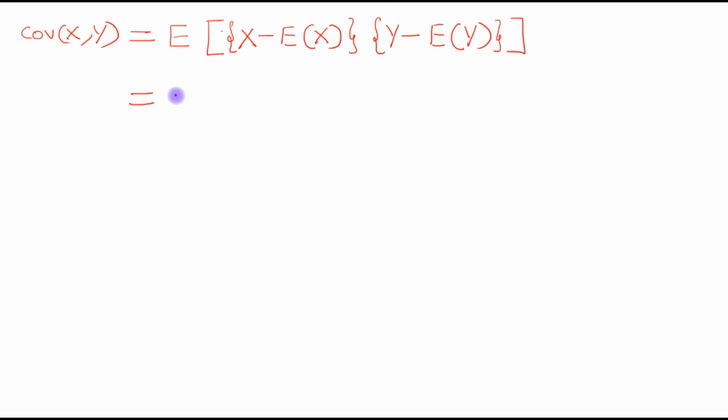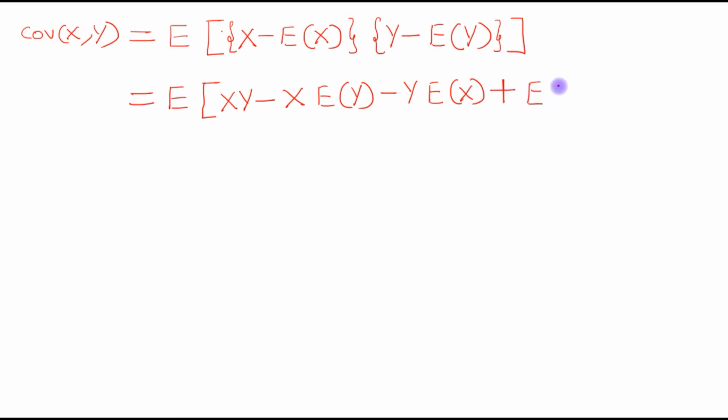In the next step, we will write expected value, and now we will multiply these two brackets and we will write as xy minus x times expected value of y minus y times expected value of x plus expected value of x times expected value of y.